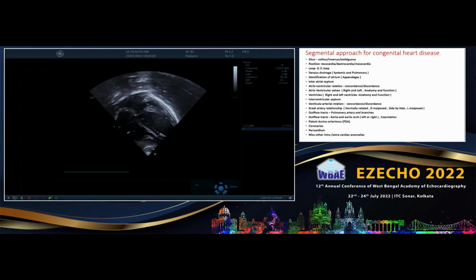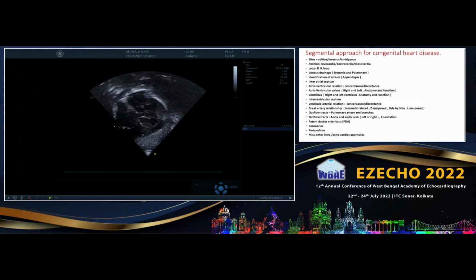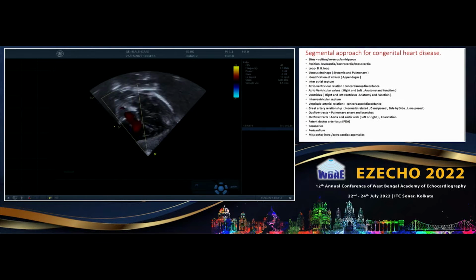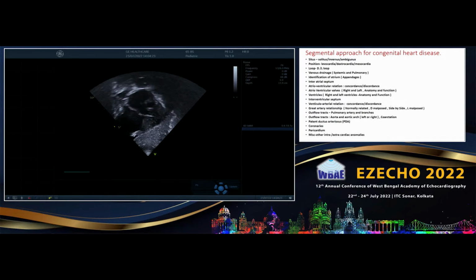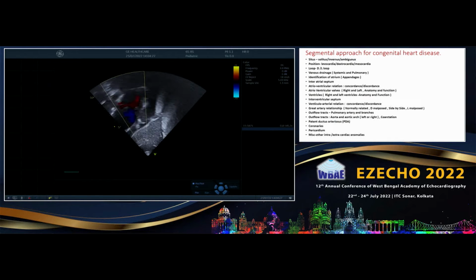Now the other atrium, we can see the flow patterns of the venous drainage. In the left atrium, we can see the three veins, usually the right upper and lower.